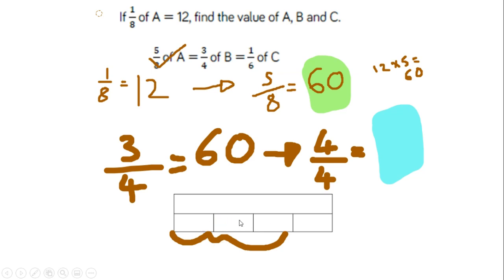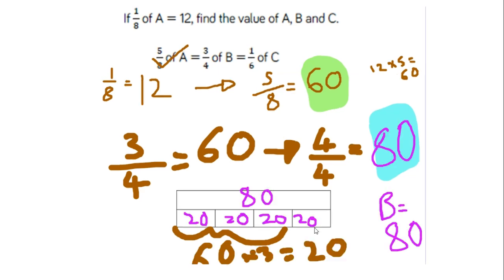So altogether they're worth 60. 60 divided by 3 is 20. So if 20 is going to go in each of these little boxes, what will the whole be worth? 80. So B is worth 80. We've got 2 points now.